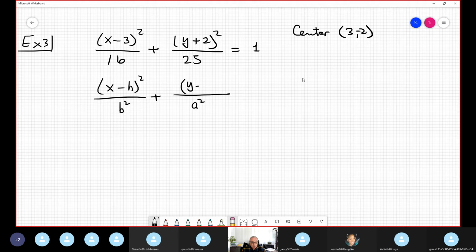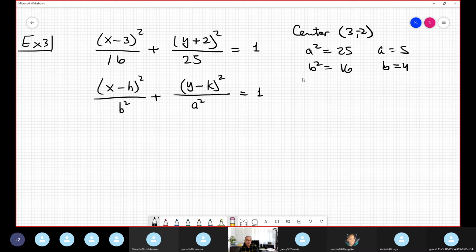Because I realize that a squared is 25, no? A squared is 25. And b squared is 16, no? Therefore, a is 5 and b is 4. Okay. And h and k is the thing I tried to explain.